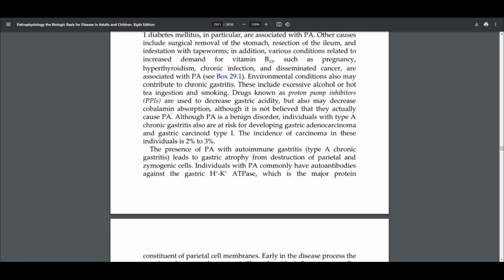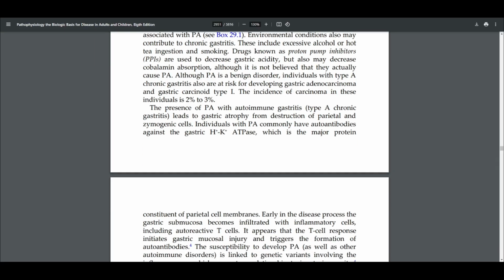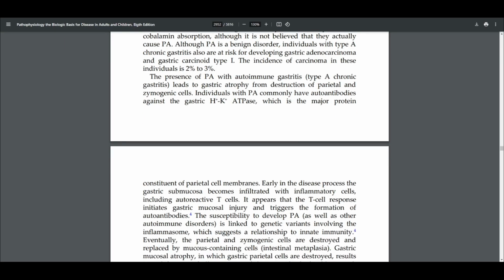Although pernicious anemia is a benign disorder, individuals with type A chronic gastritis also are at risk for developing gastric adenocarcinomas and gastric carcinoid type 1. The incidence of carcinoma in these individuals is actually between 2 and 3%.